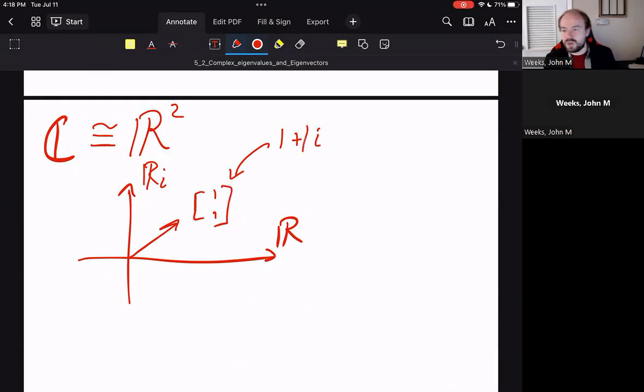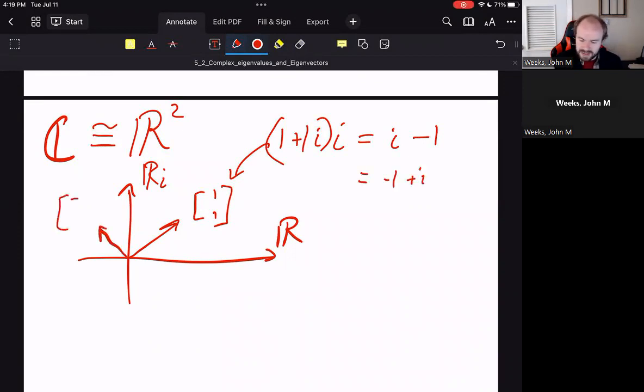So it's the coefficients 1 and 1, 1 being real and 1 being imaginary. So 1 plus 1i. Well, what happens when I multiply times i? I'm going to get i minus 1, am I not? Those two things are going to flip places in terms of how my vector is situated. So this is going to be negative 1 plus i, or if I write that in terms of my vector notation, negative 1 and 1.